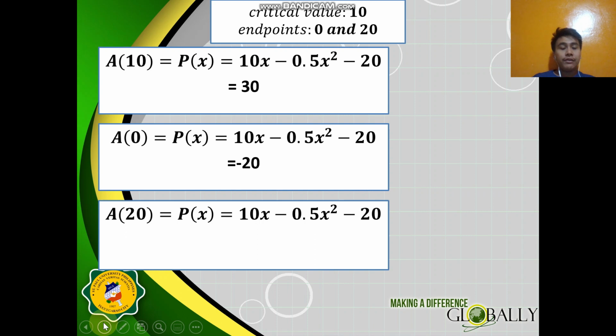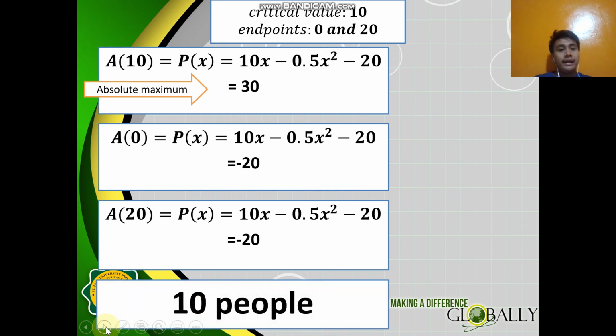And if the value of x is 20, this will also give us negative 20. So based on these values, what do you think is our absolute maximum? Okay, very good. The absolute maximum is 30, and the absolute minimum is negative 20.